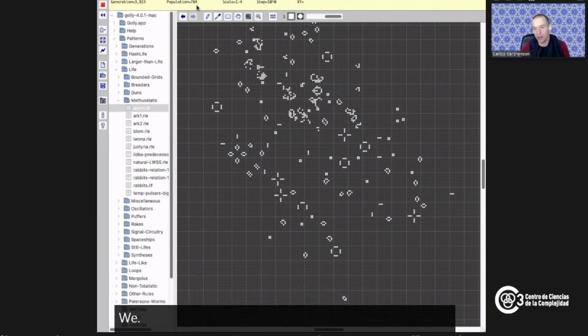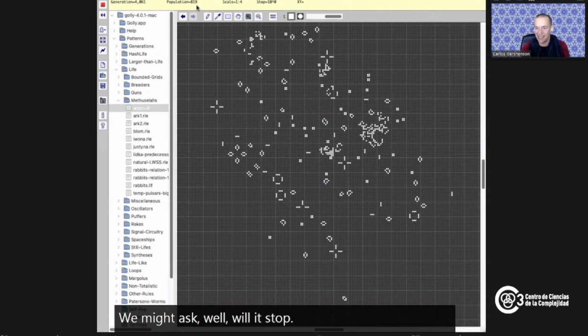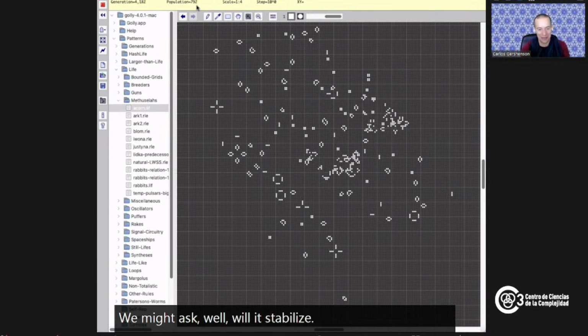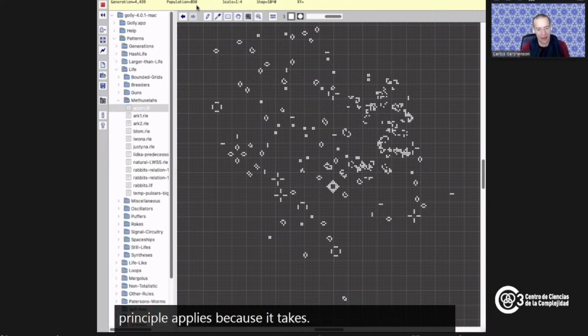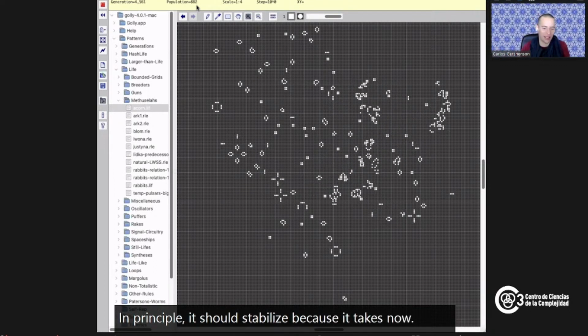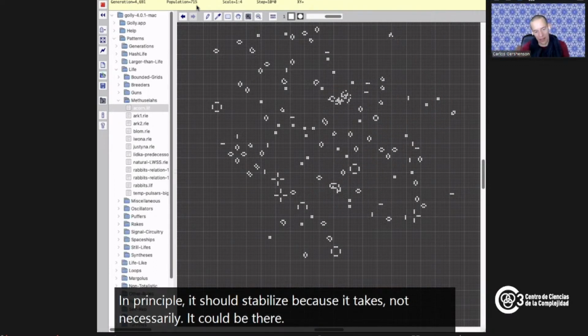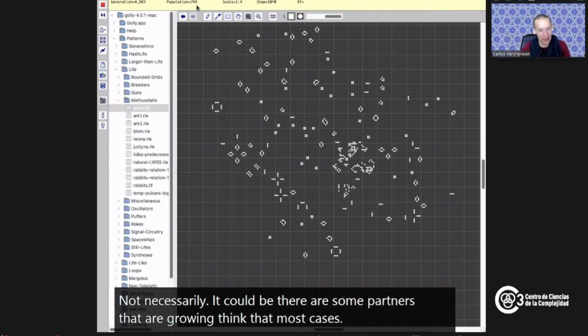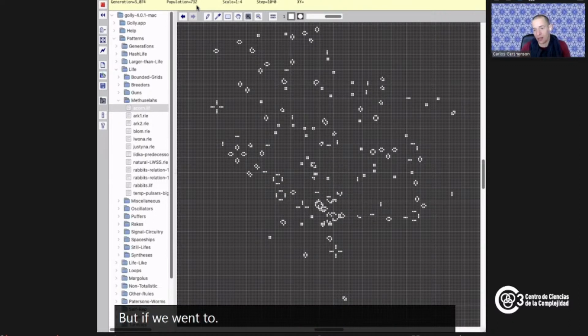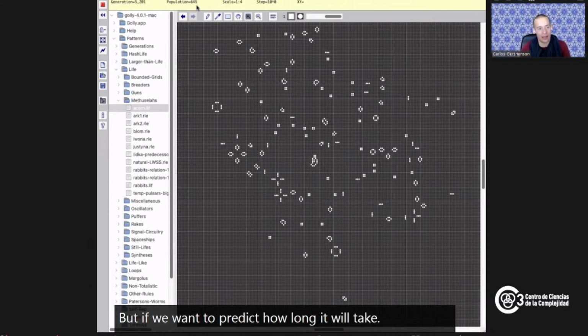And we might ask, well, will it stabilize? Well, in principle, it should, but not necessarily. There are some patterns that grow infinitely, but in most cases it does stabilize. But if we want to predict how long it will take to stabilize, we don't know.